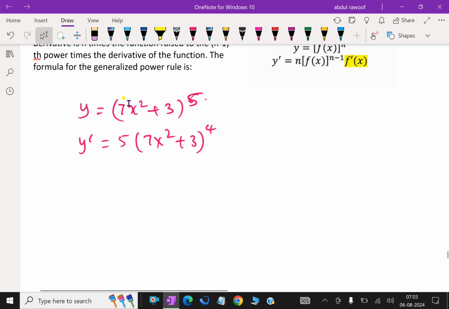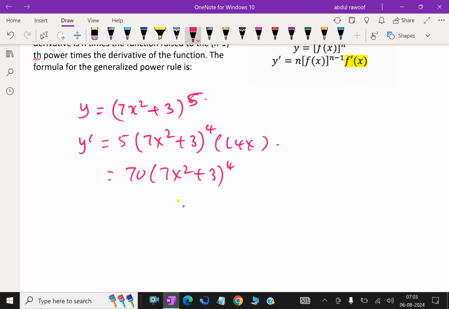Then the inner derivative. Inside, 7x squared plus 3, the derivative of 7x squared is 14x. That is multiplied. This is the rule. So multiply 14 into 5 is 70x into (7x squared plus 3) power 4.